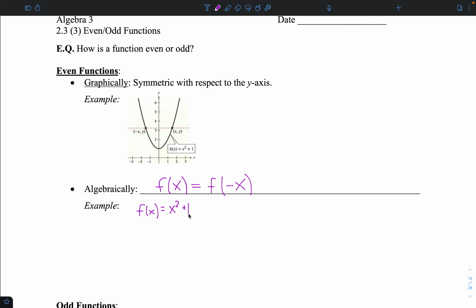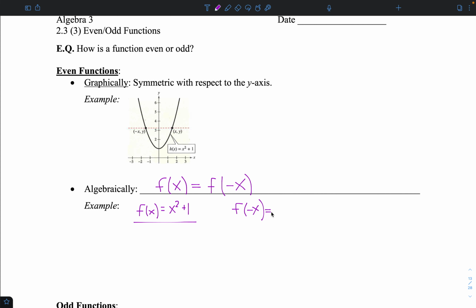What I typically do is substitute a negative x and see if it will match my original. So here's my original function. Now, what does f of negative x look like? Let's substitute that in.